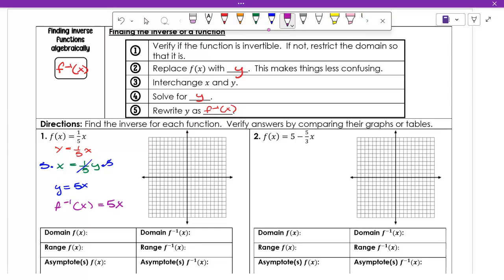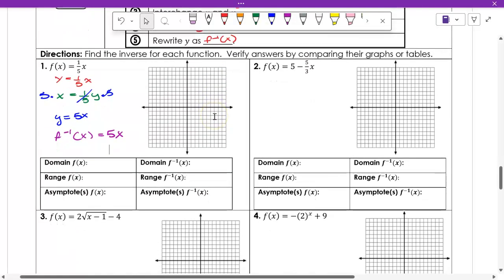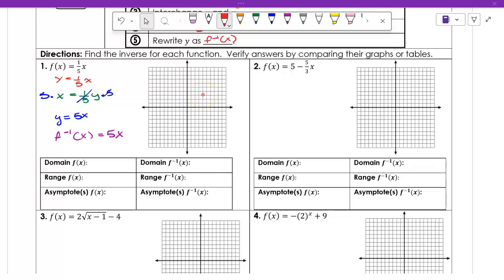Now that I've got that, I can find the information I need so I can graph this. What I do is put them in y1, y2, get my table, and graph. That is, of course, if you don't remember the steps to graph a linear function, which I really hope you do because it's pretty basic. But if not, let's talk about that.